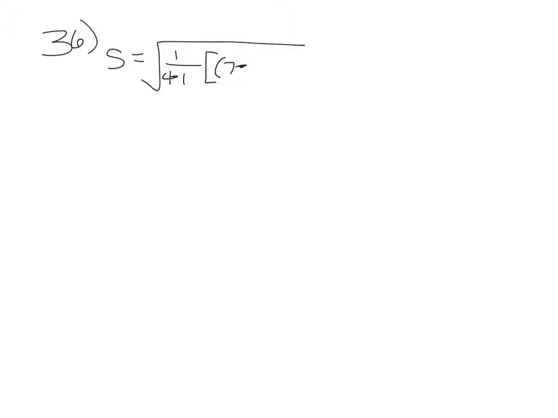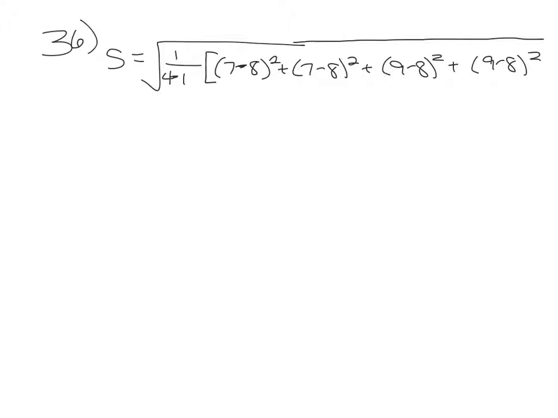So if we look at this, the mean is clearly 8. If you don't believe me, put it in your calculator. Plus the second score minus the mean squared, plus the third score minus the mean squared, plus the fourth score minus the mean squared. So all of that together makes what would be our standard deviation. If you put that in your calculator and round to the nearest hundredth, you get 1.15.